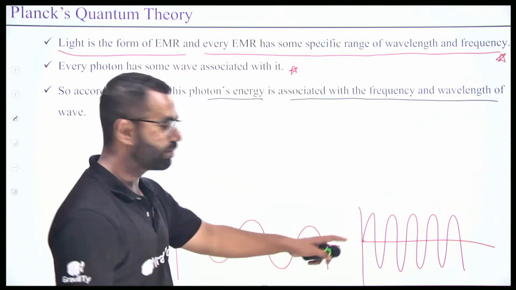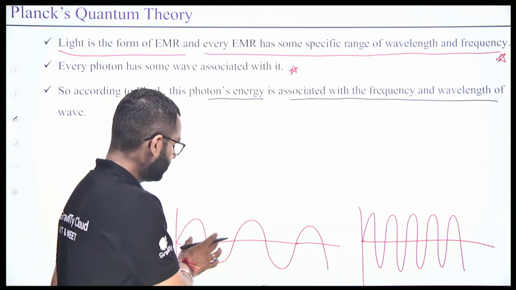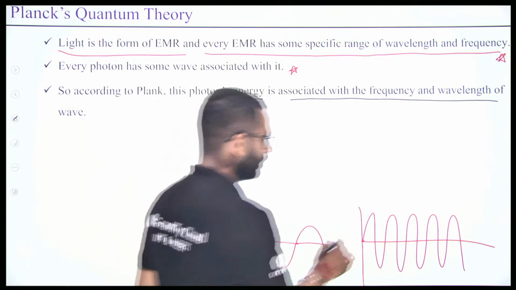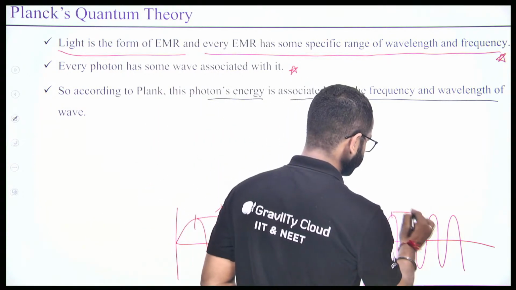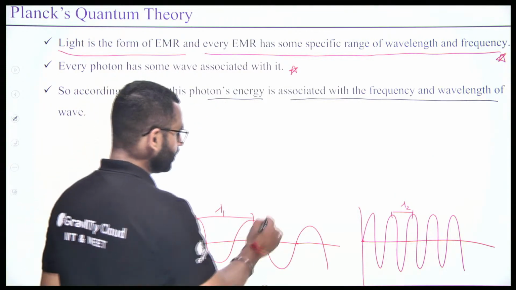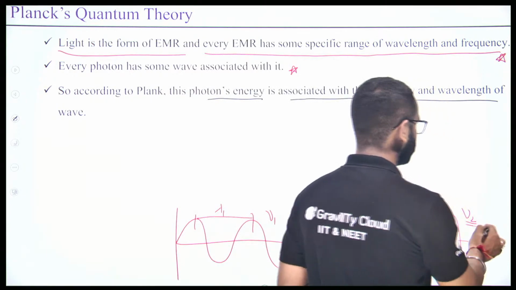So you can see the difference between the two waves. In this case, the wavelength is more. This is lambda 1. In this case, lambda is this much, lambda 2. In this case, the frequency is nu 1. In this case, the frequency is nu 2.